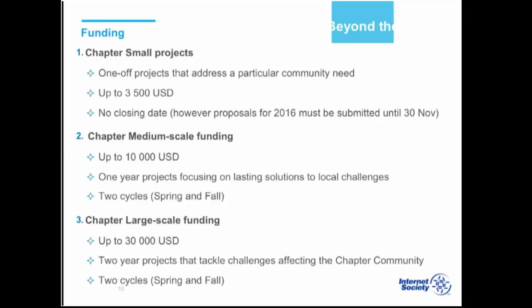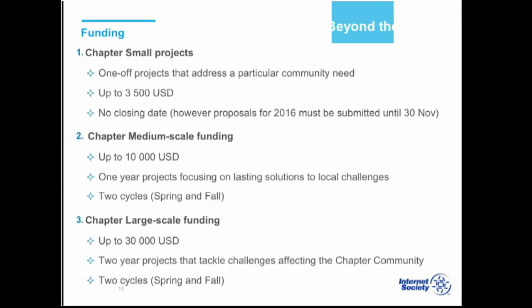Typically these are 1-year projects focusing on lasting solutions to local challenges. There are 2 cycles for this one, spring and fall. The same applies to large-scale funding projects, which are up to $30,000, and those are typically 2-year projects.